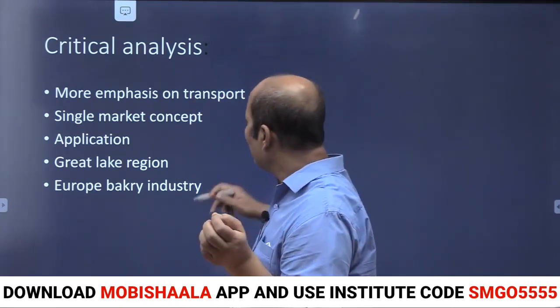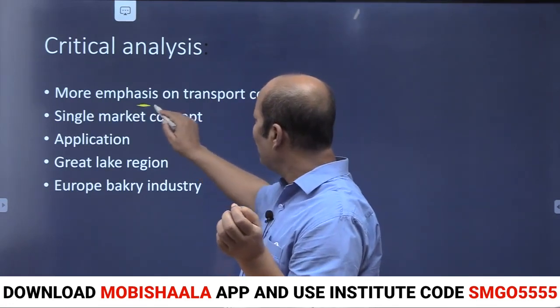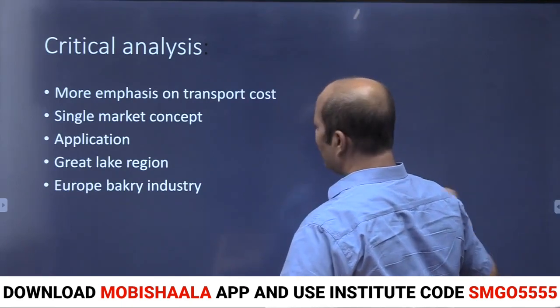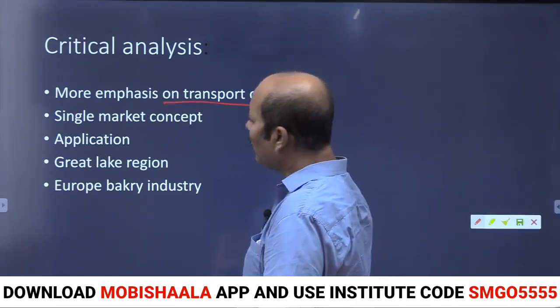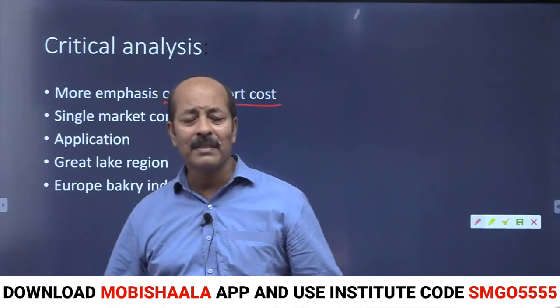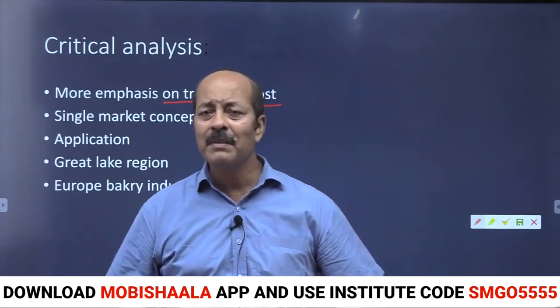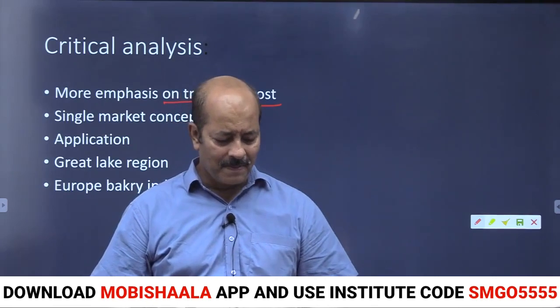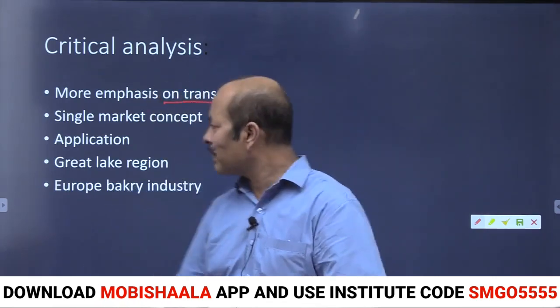So write as the first point of criticism: Weber emphasized transport cost, not demand and supply.